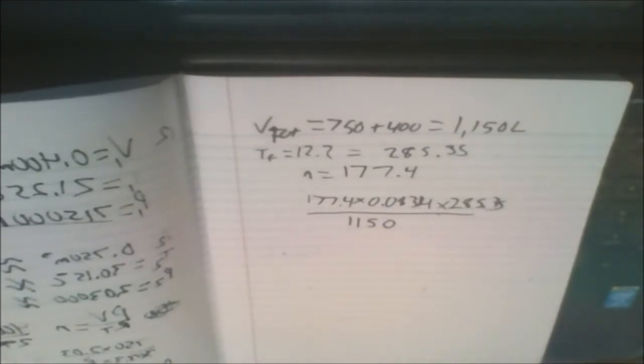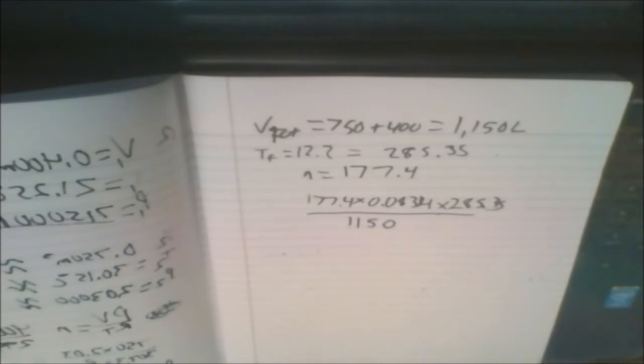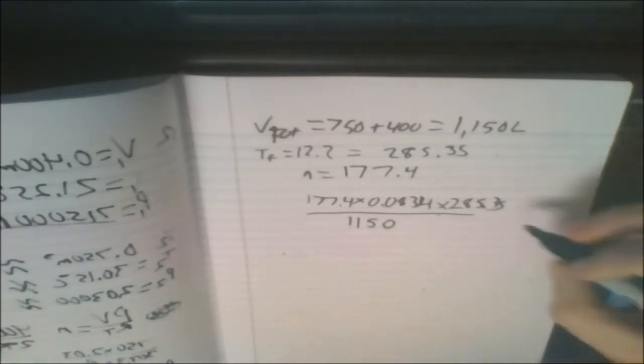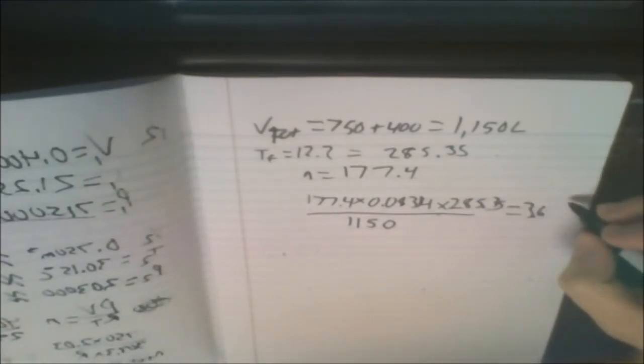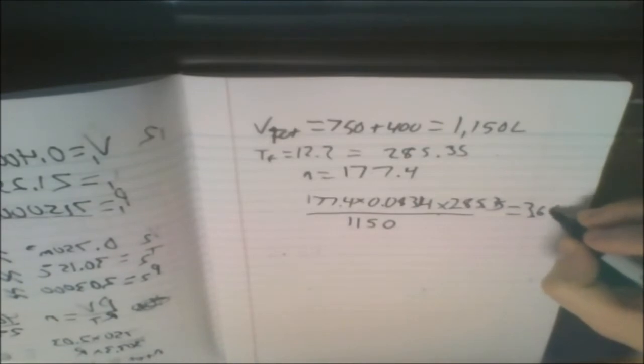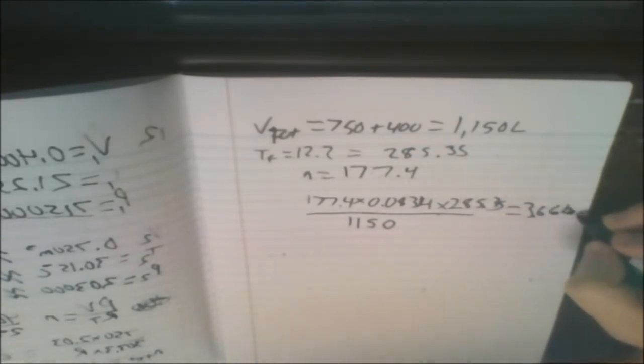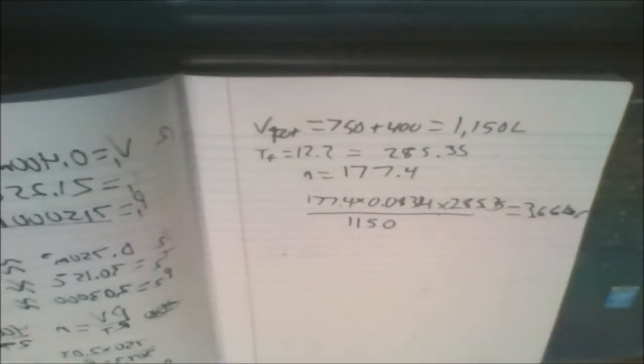177 times 285 point, and that would give us a pressure of 3.66 bars. So it's just a systematic approach.